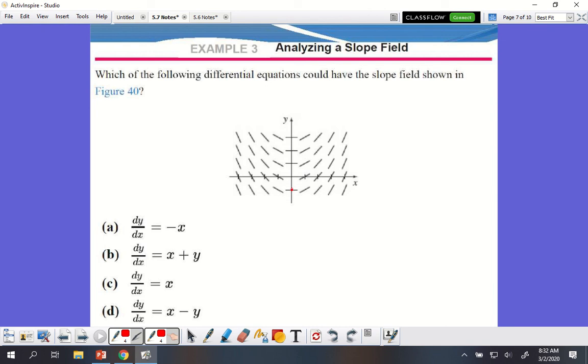X is 0, y is -1. Okay, so if I were to put that here, would this one work? Would that one give me 0? Plug in 0. Okay, I get 0 and there's no y, right? Okay, so that one will work.